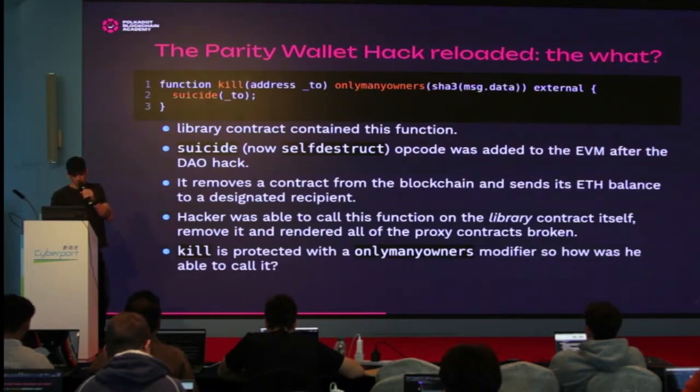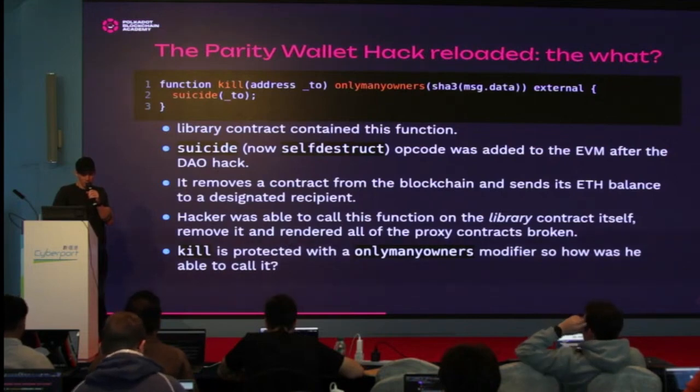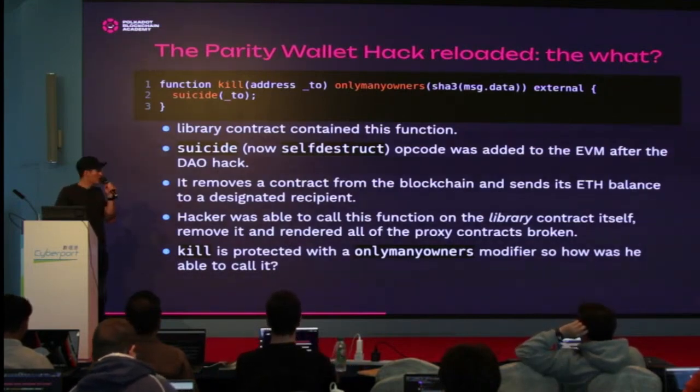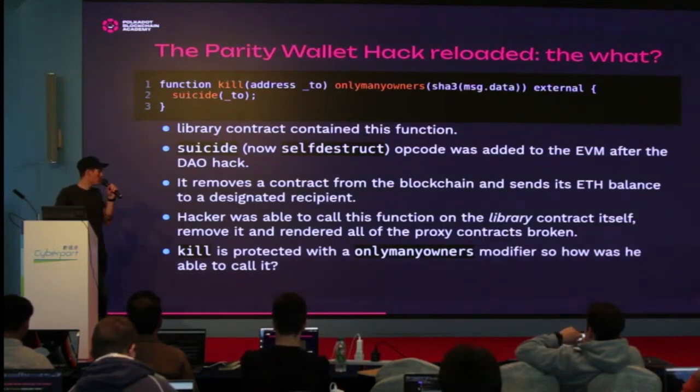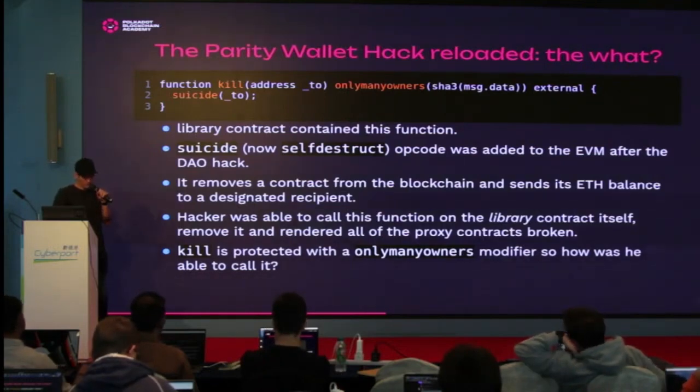And funny enough, that's exactly what was the vulnerability in this case. The library contract contained a call like that, which meant that it was available to any other wallet using that library for its logic.